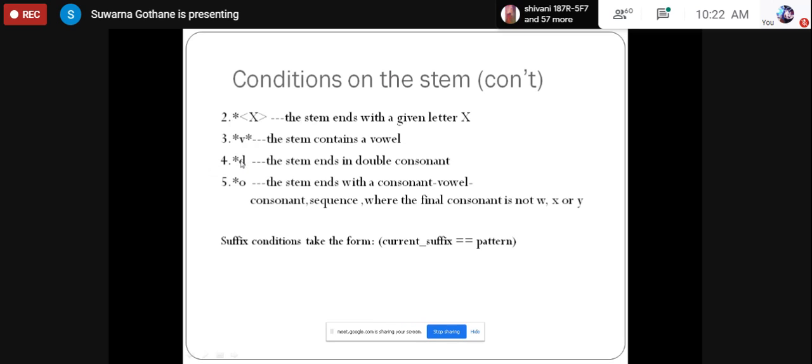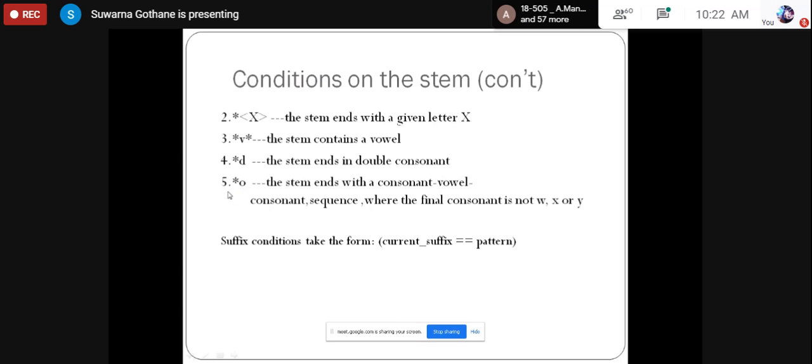There are certain words that have a double consonant, so the stem ends in a double consonant. Any consonant appearing twice, many times double S will appear, right? So that is called double consonant ending.